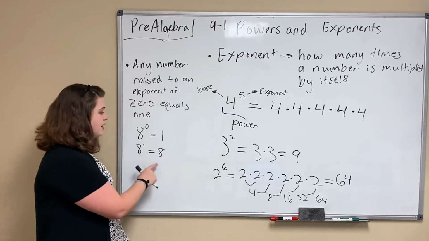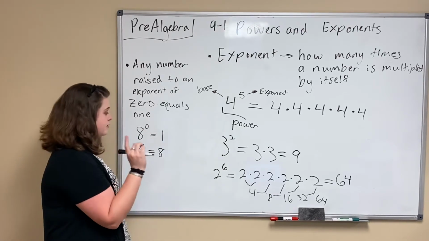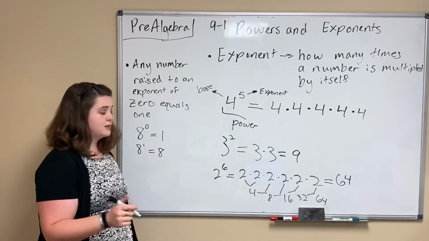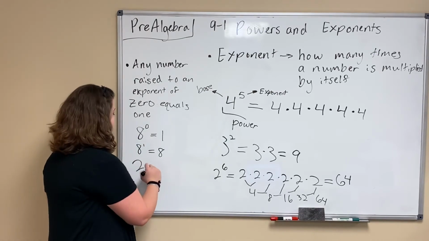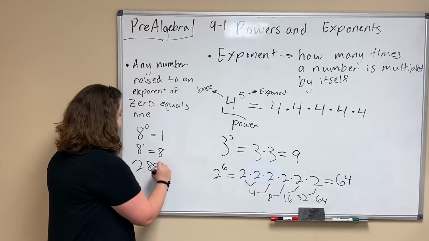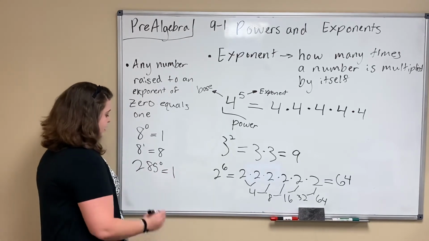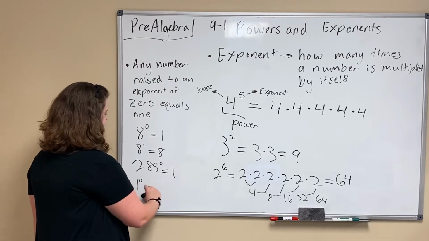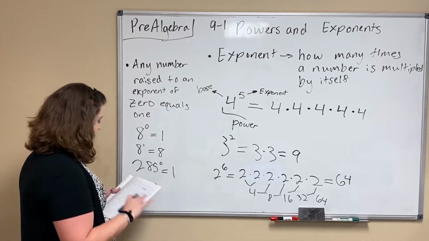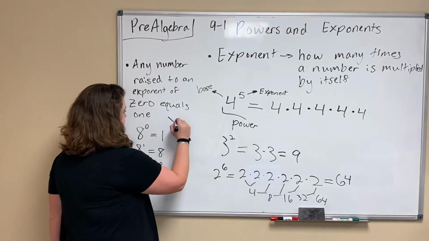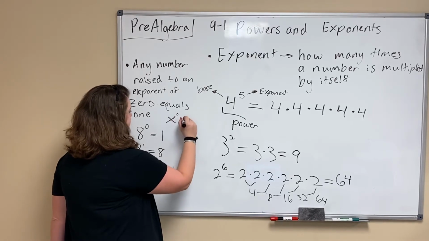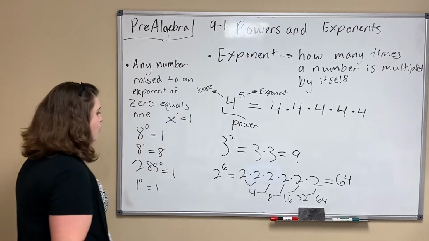Not 0, not 8, it's going to be 1. Any number raised to the 0 power. So even if I said like 285 raised to the 0 power, that's still going to equal 1. If I said 1 raised to the 0 power, it's 1. No matter what it is, x raised to the 0 power equals 1.